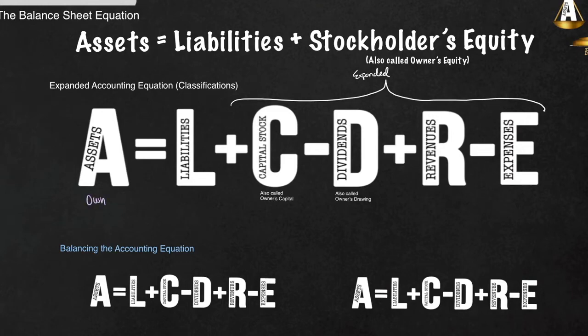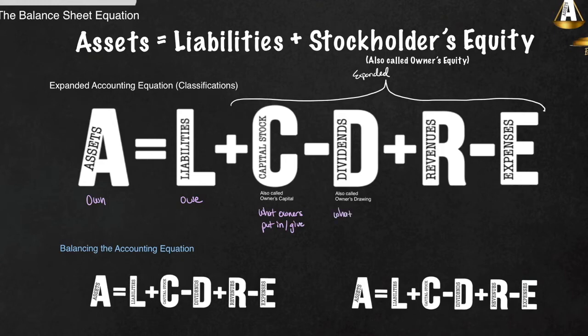So let's review the definitions. Assets are things that you own. Liabilities are things that you owe. Capital stock is what the owner puts into the business, or capital. Again, capital stock is the same thing. So what owners put into the business, or what they give the business itself.